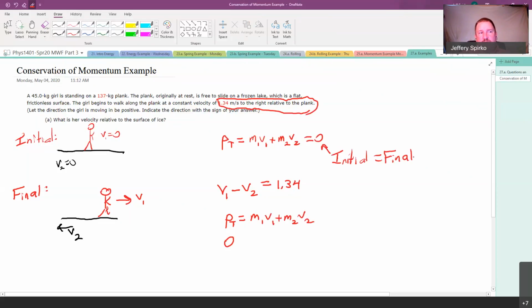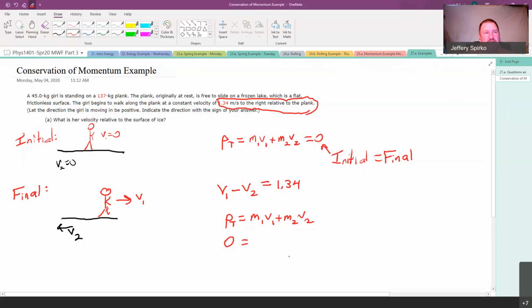There have been no forces from the outside world. The lake is frictionless, so there are no horizontal forces to change the x component of momentum. Momentum is a vector. It's changed by force, which is also a vector. So if there's no x direction force, then there's no x direction change in momentum. And this initial momentum is equal to the final momentum.